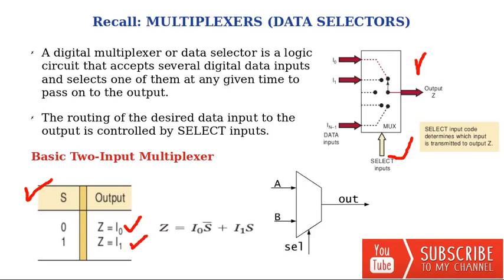So if we want to calculate the digital expression, it will look like this. And this is the general diagram for the multiplexer, where A and B are the inputs, sel is the select input, and out is the output of the multiplexer.